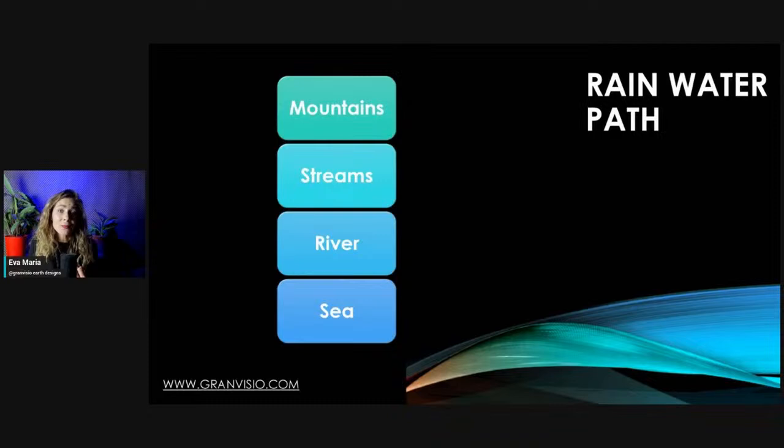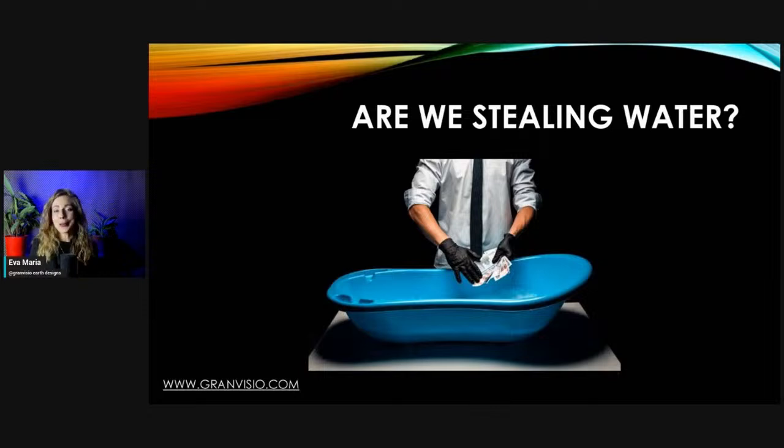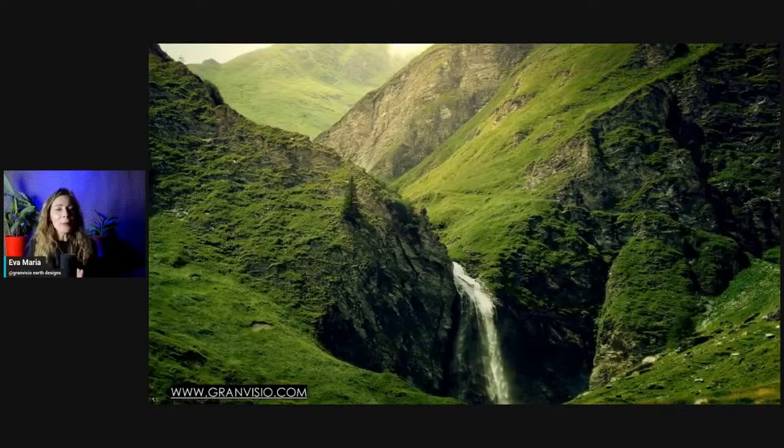And sometimes, even after a big rain, there could still be some water scarcity. I've read various opinions on the internet about permaculture practices, and sometimes people are under the impression that permaculture water harvesting systems steal water that could otherwise fall to lower areas. Well, do they? Think about it.